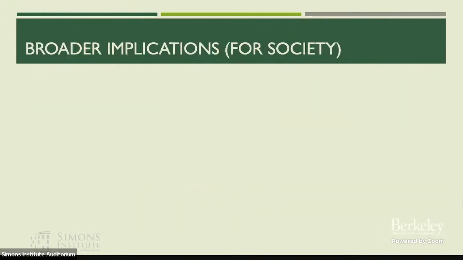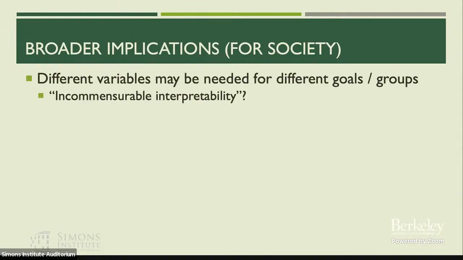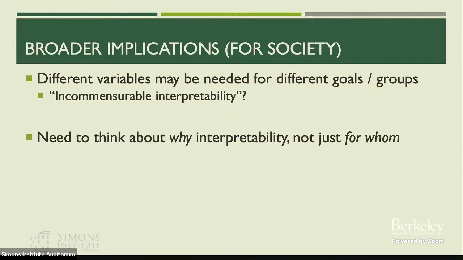I think there are broader implications, as I was saying, this kind of incommensurable interpretability depending on what it is that I'm trying to do. My model is not translatable into somebody else's model of the same thing. And so there's been this big push in the XAI and interpretable AI community to think about, well, interpretable for whom?